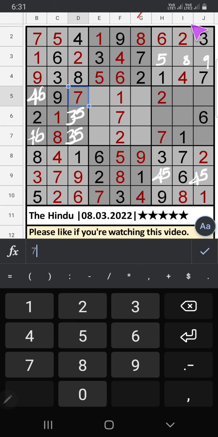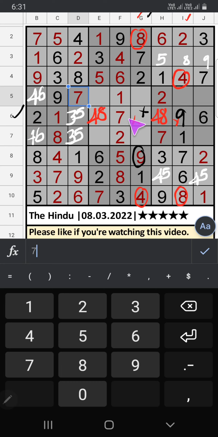Column G and column I, we have pair numbers 8 and 4. So 8 and 4 can't come in these cells. It will come in one of the cells. We will confirm later. 6th row, only 3 numbers are remaining, 3, 5, 9. Column G, we have 9, so 9 can't come in this cell. 9 is confirmed here.